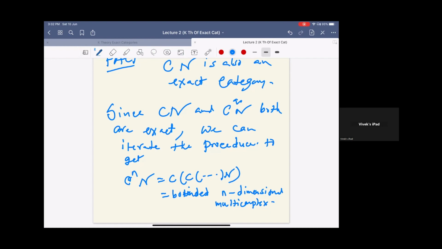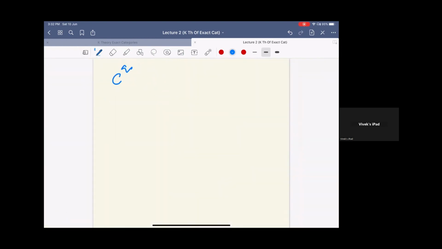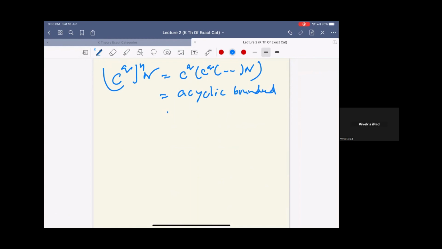So similarly, we have CQ^n(N), where you are applying CQ n times. So the acyclic bounded n-dimensional multi-complex.